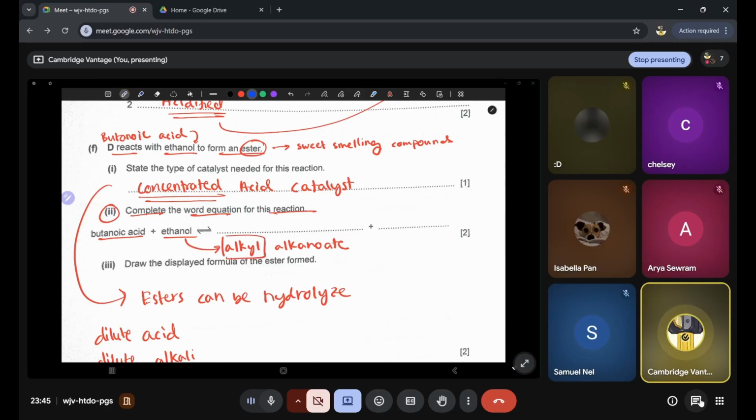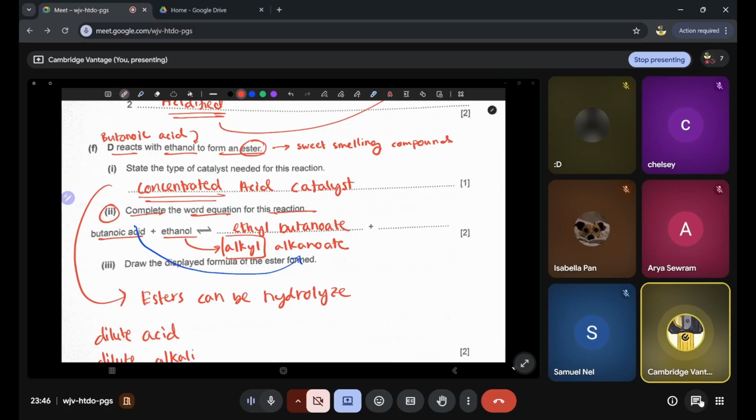The alkanoate part is due to the carboxylic acid. So over here, what is the alcohol? It's ethanol, so alkyl is just ethyl. Alkanoate is due to the acid, so it's butanoic acid, so it should be butanoate. So ethyl butanoate is the ester produced in this reaction.